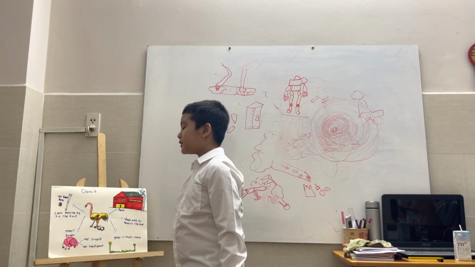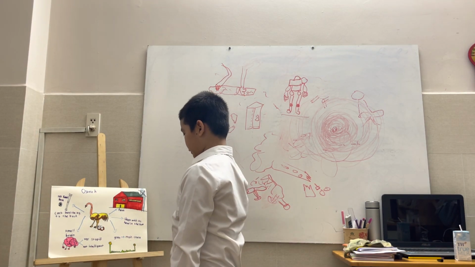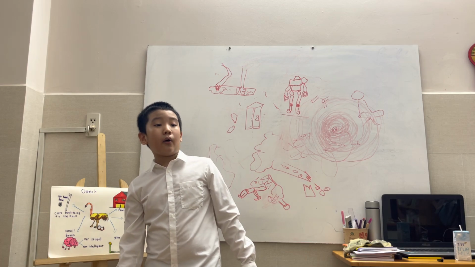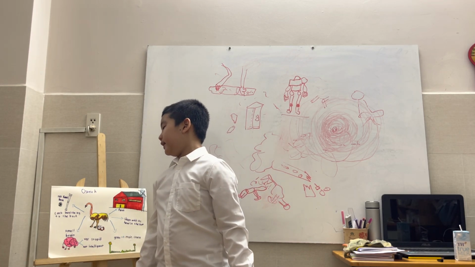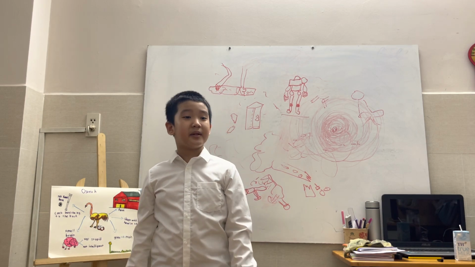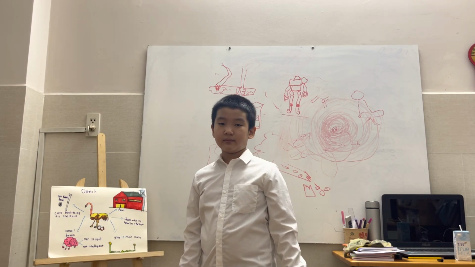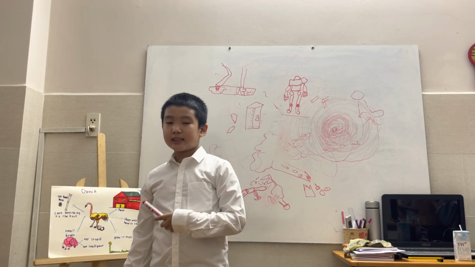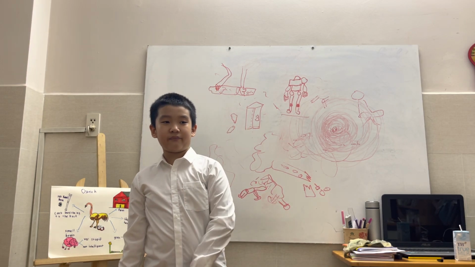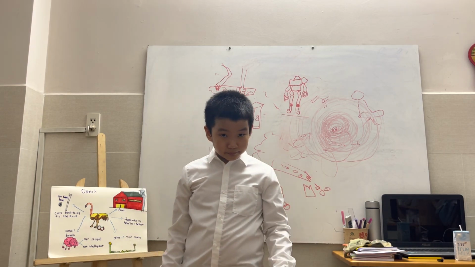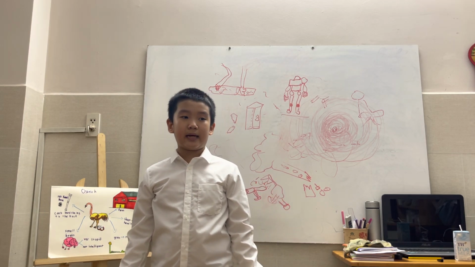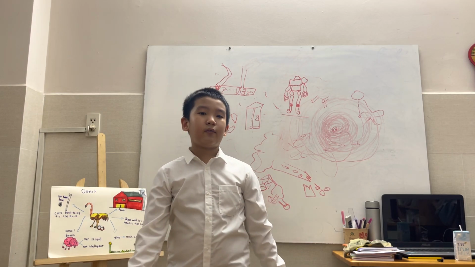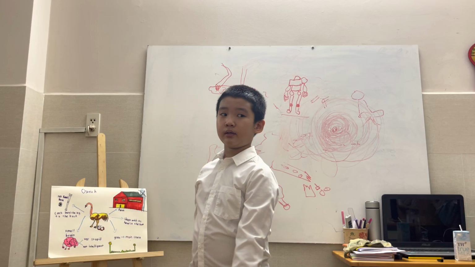So, the last question. What makes an ostrich very stupid and not intelligent? I'll count down from 20 because it has 4 words. 20, 19, 18, 17, 16, 15, 14, 13, 12, 11, 10, 9, 8, 7, 6, 5, 4, 3, 2, 1, 0.